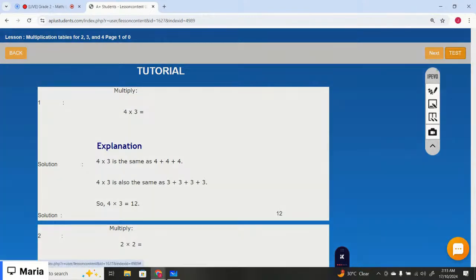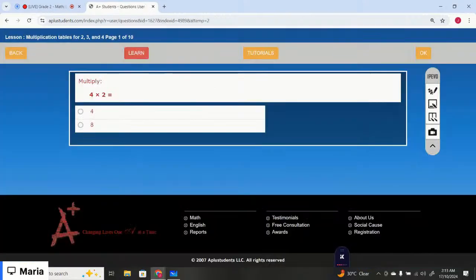Let's just start with the test questions. 4 times 2. So which is the correct option? You need to count a table of 2. Either you add 4 two times.